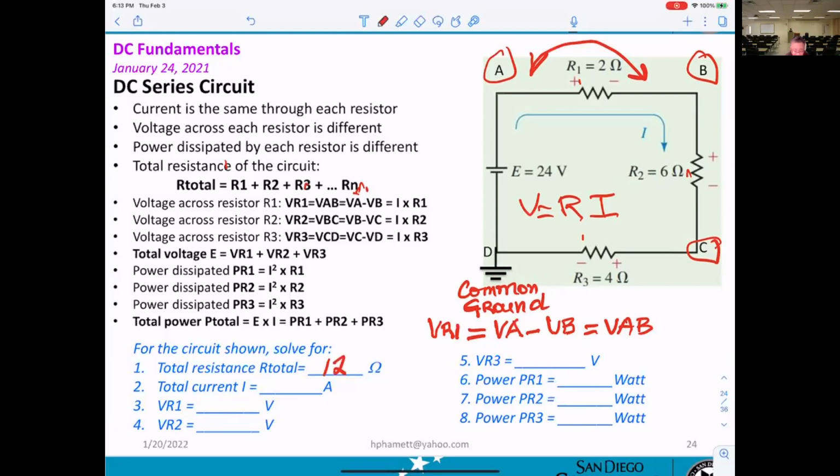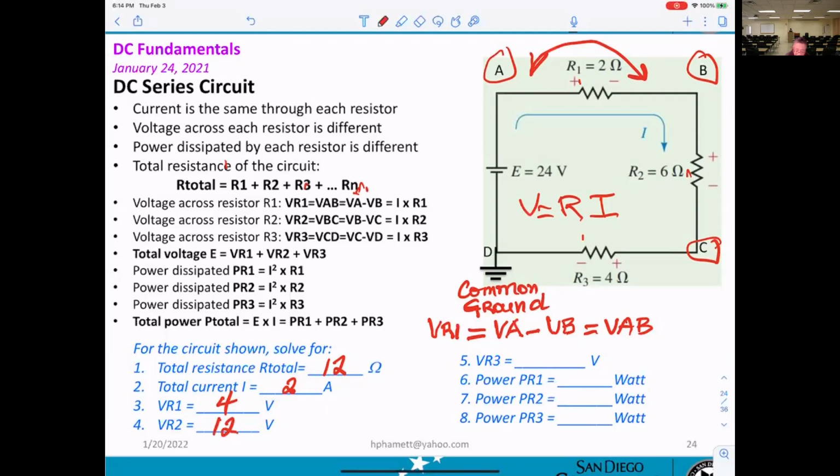Current: 24 over 12, 2 amperes. Total current, 2 amperes. Voltage VR1: 4 volts. VR2: 12 volts.